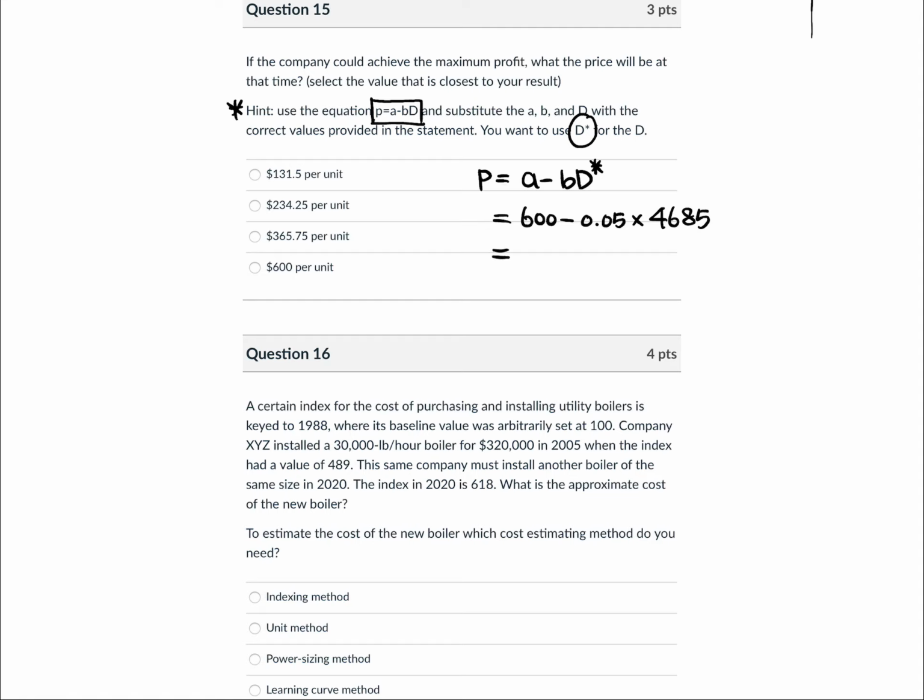So 46.85. Okay, and then the answer for this is 365.75. So this is your answer.